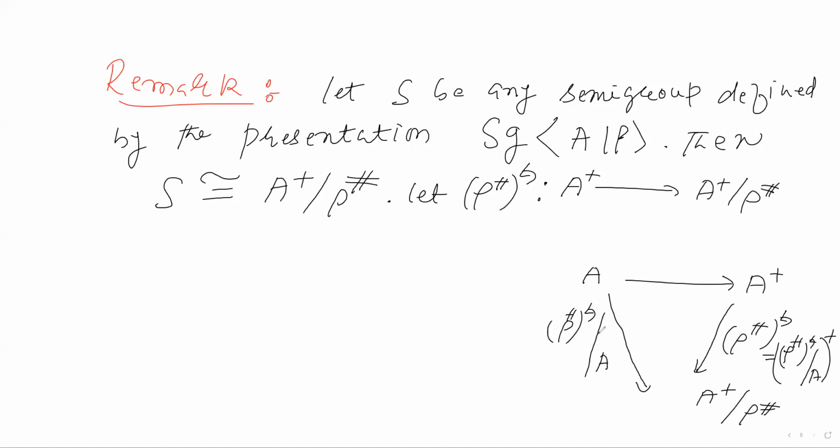Our notation is that if you have a map phi from here to here, then you get a unique extension of it. So this is the unique extension of this map. So it's actually the natural map which is the unique extension.